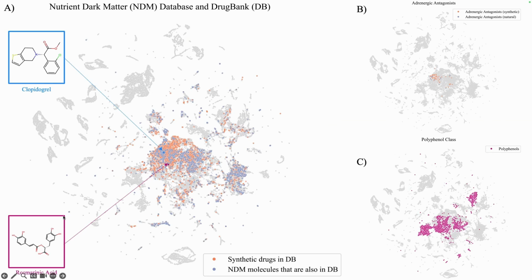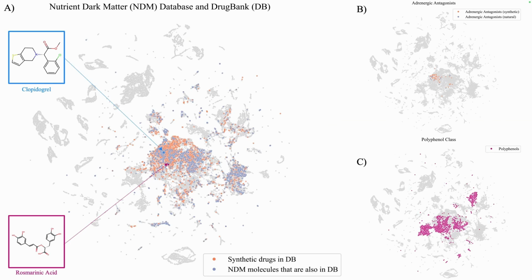For example, let's look at this part of the plot. So rosmarinic acid, a polyphenol known as an antiplatelet agent that is not usually tracked in national databases, but for example you can find in the Phenol Explorer, sits relatively close to a synthetic antiplatelet agent, clopidogrel. So we see that the drug compounds tend to cluster in a distinct region of the NDM, which predominantly exhibits hydrophilic properties.